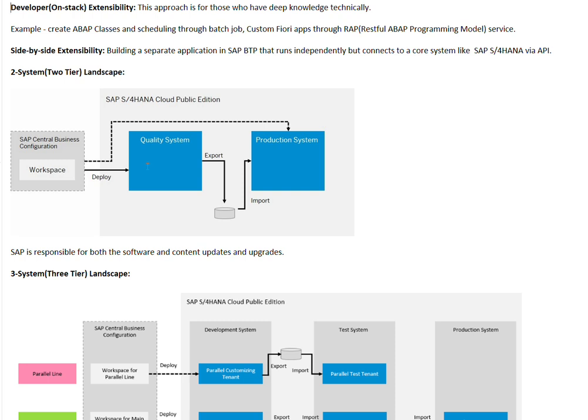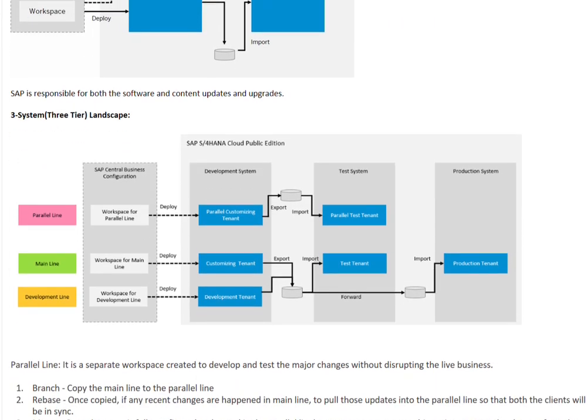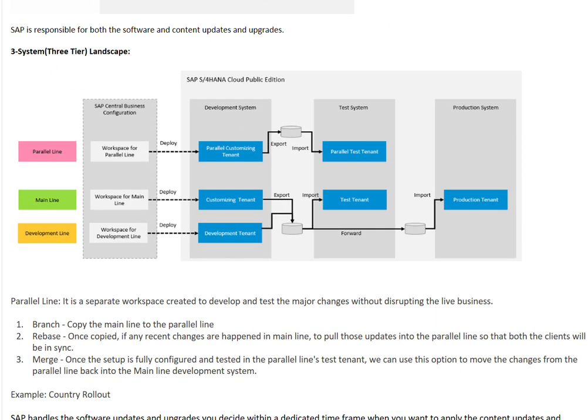Any modification that happens may affect user testing, one thing, and the second thing is that there won't be real data. As both development and quality are the same system, most of the time it will be dummy data. Generally in companies, I think they will use this three-tier landscape.